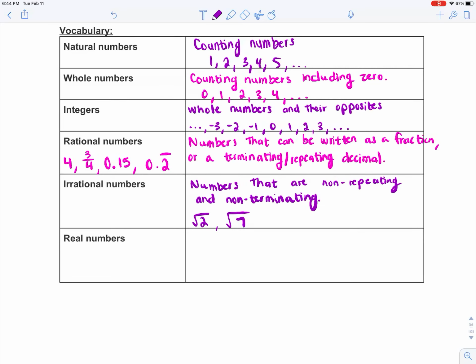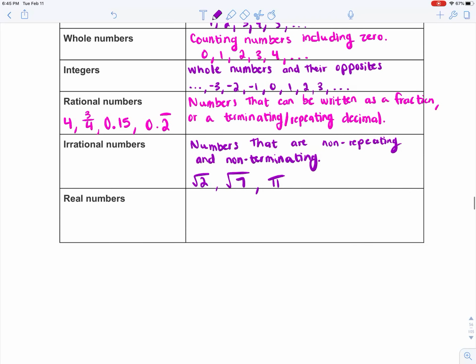That's another irrational number because it creates a non-repeating and non-terminating decimal. And another huge example would be the number pi. Pi is also a decimal that is non-repeating and non-terminating. That's what makes these numbers irrational.